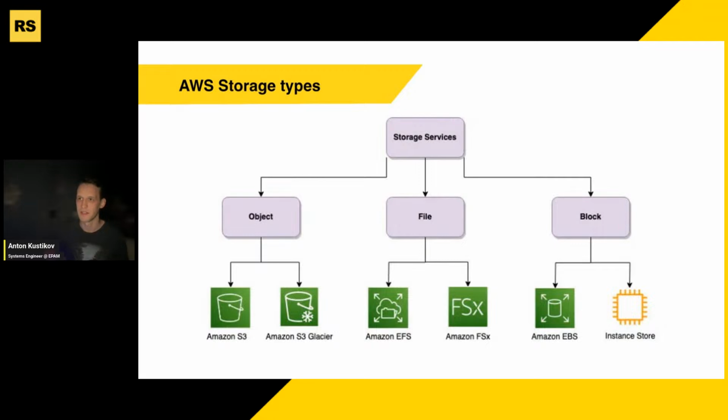So it's a kind of disk, which you can mount to your virtual machine via the network and get access to it like on a file system. And it may be cool if you have, for example, 2 or 3 virtual machines, and all of them need access to the same file system. NFS will help you in this case.